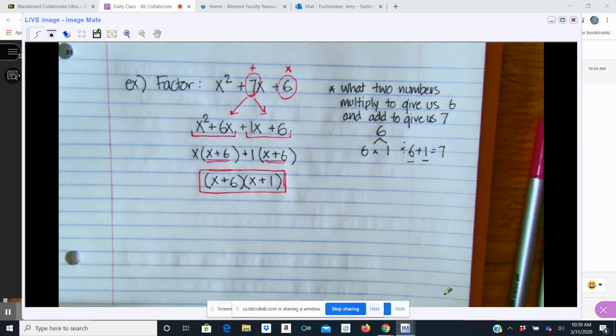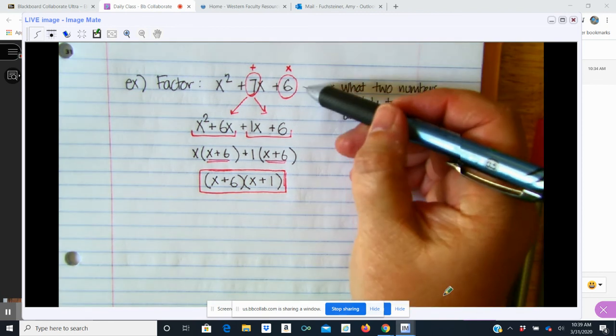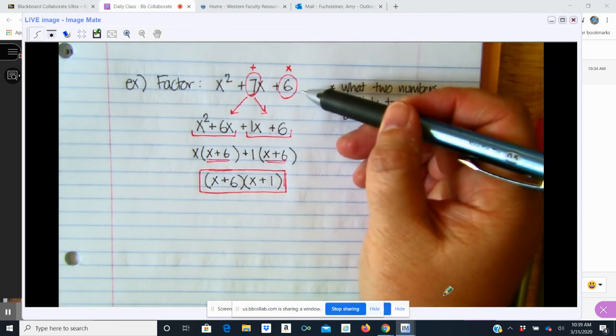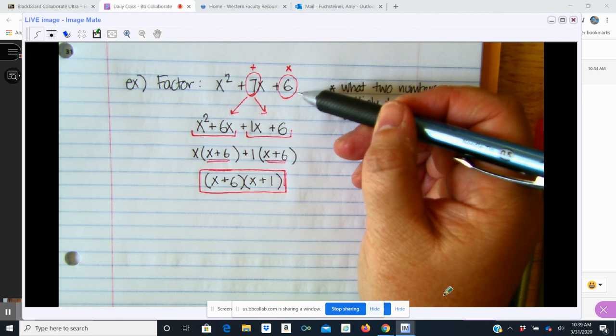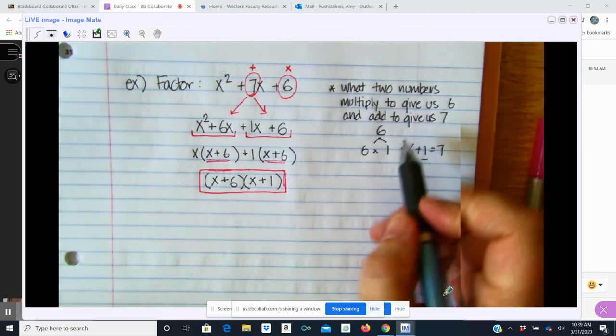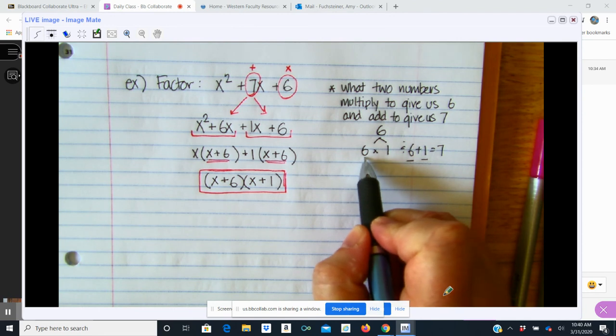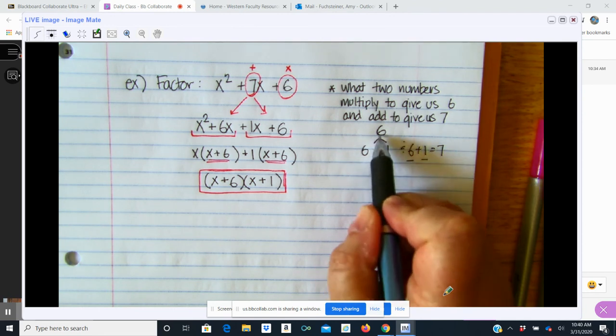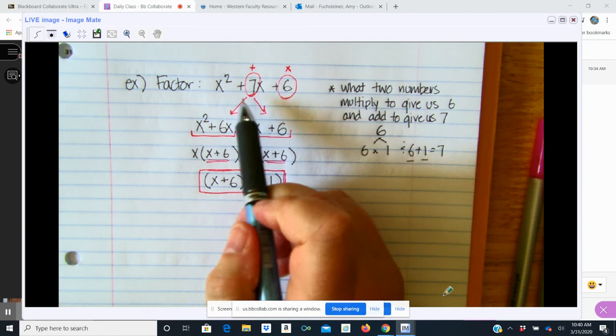And there we have it. I've taken my, I'm sorry? Because those are the 2 coefficients that would multiply to give me 6, but add to give me the 7.